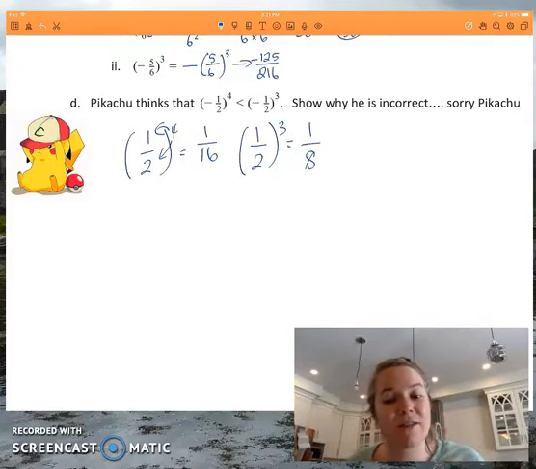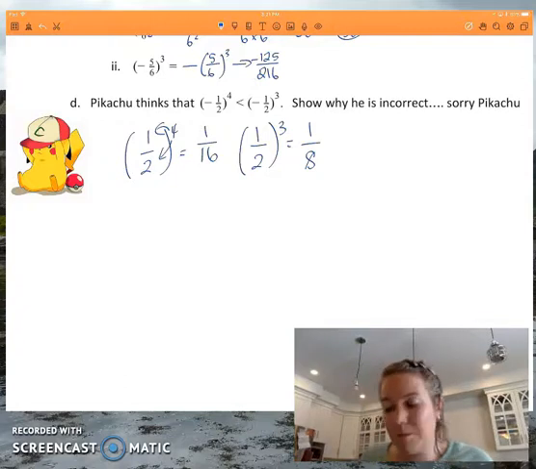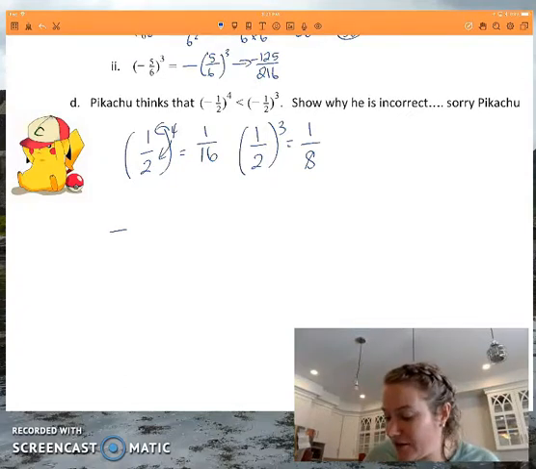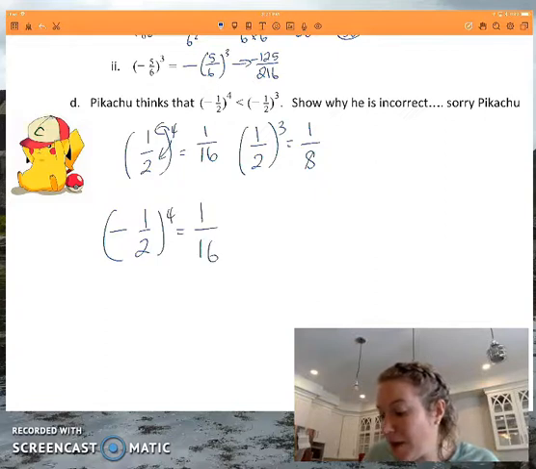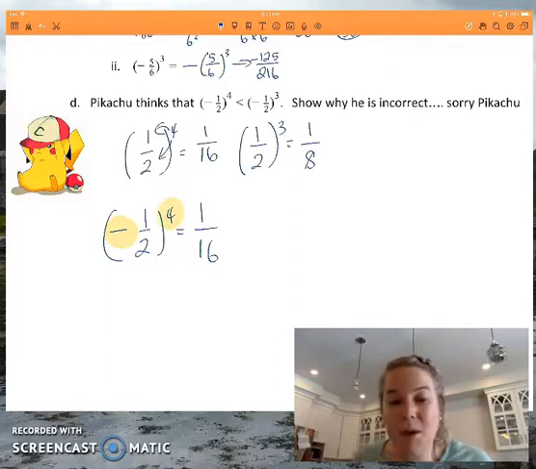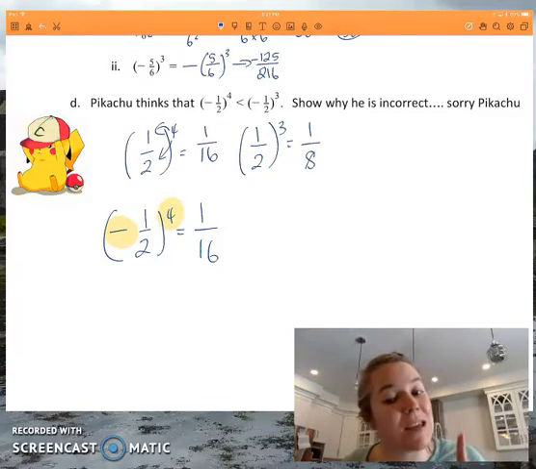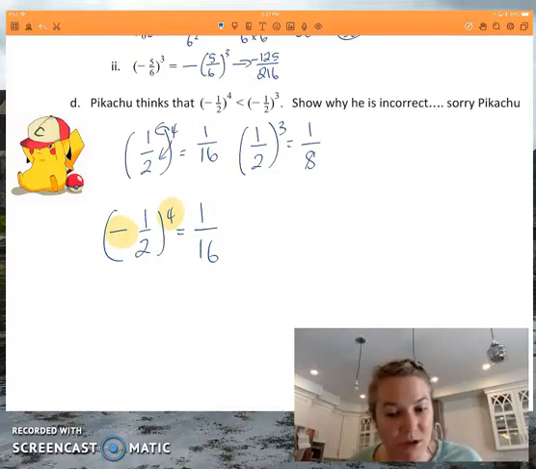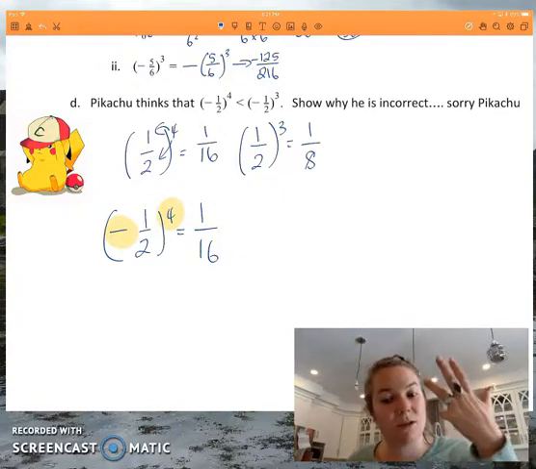The negatives are what make this different, because negative 1/2 to the exponent 4 is positive 1/16, right? Because it's a negative, but it's raised to an even exponent. So it's going to be negative 1/2 times negative 1/2 becomes positive, times negative 1/2 becomes negative, times negative 1/2, 4 of them.